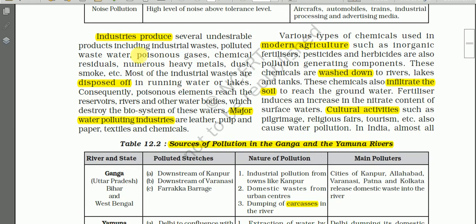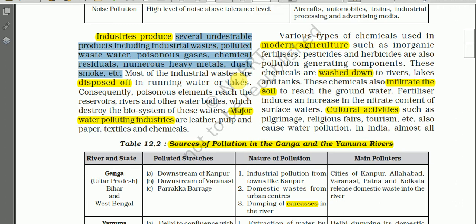Industries produce several undesirable products, including industrial wastes, polluted wastewater, poisonous gases, chemical residuals, numerous heavy metals, dust, smoke, etc. Not only water pollution, industries also cause air pollution, land pollution, and sometimes noise pollution.